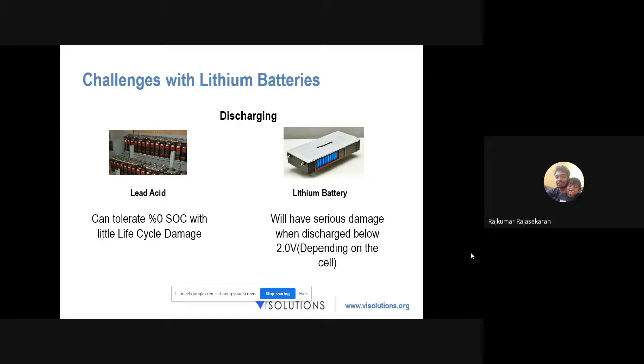If you go below that, it could have serious damage issues. The electrochemical balance inside it is going to be lost, and its total life duration is going to be lost. It cannot hold the previous power it was able to hold. It's going to be gone forever. So discharging also needs to be taken care of. You should not allow it to discharge to its minimum potential.